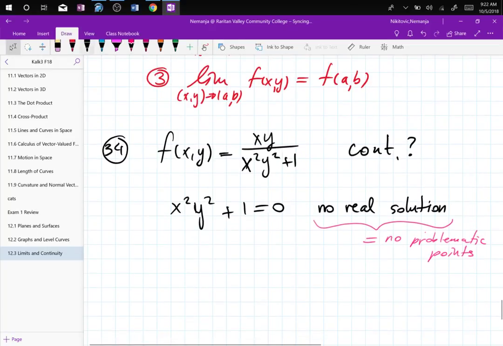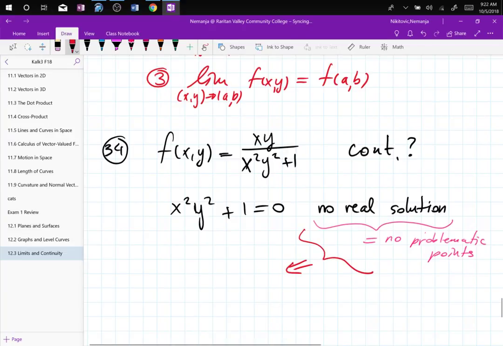And then all of that says continuous. If you have something as a problem 33, which is something polynomial-like, well, we know that's continuous everywhere. We should have some kind of denominator that would create issues.